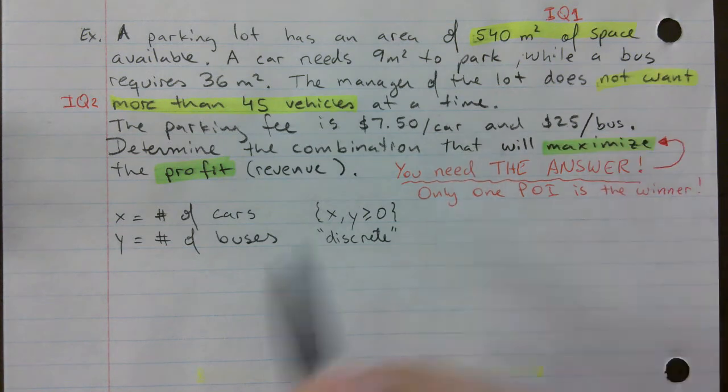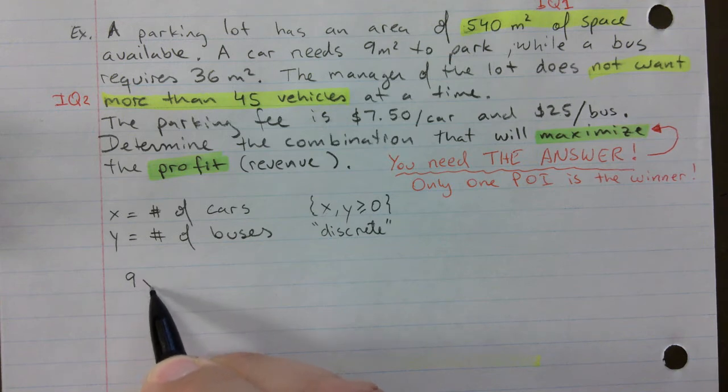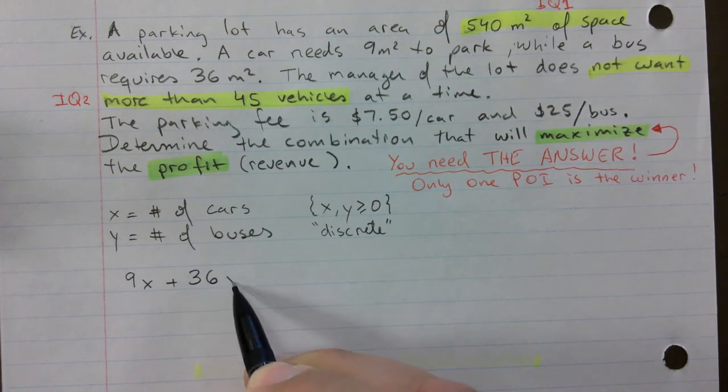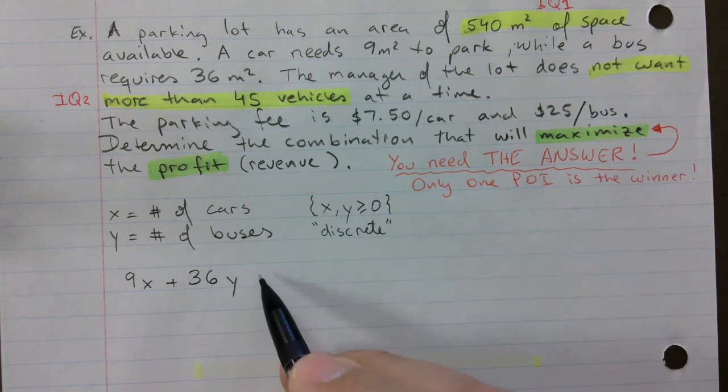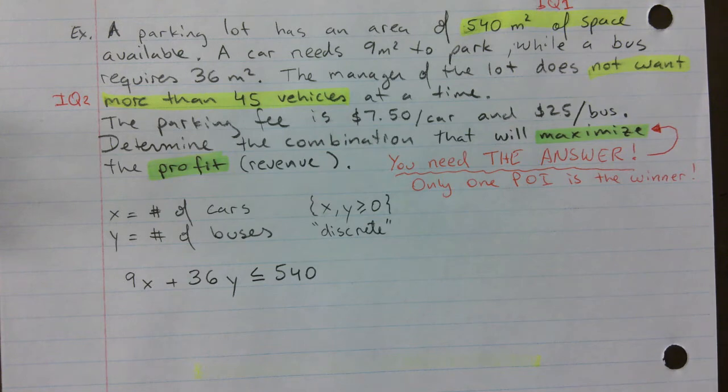So let's go ahead and come up with our inequalities. We need 9 square meters for every car, and we need 36 for every bus. And that has to be less than or equal to 540, all in square meters, we're doing great.